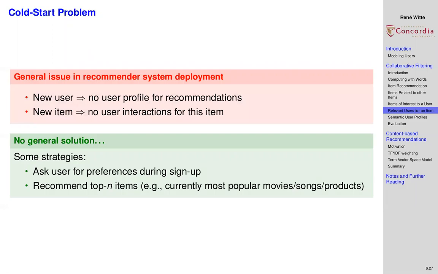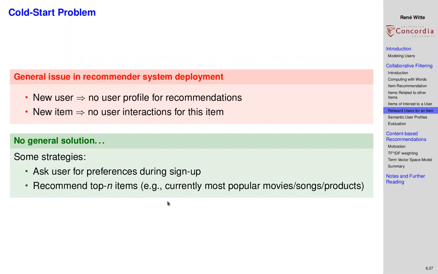Unfortunately, there is not really a general solution to this problem. What is typically done in practice is you could ask a user for some interests. When a user signs up for a system, they go through kind of an onboarding process where they have to say what they are interested in, give some preferences, and then you use this as a first start for recommending.